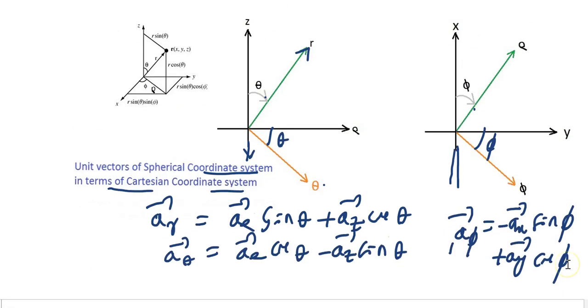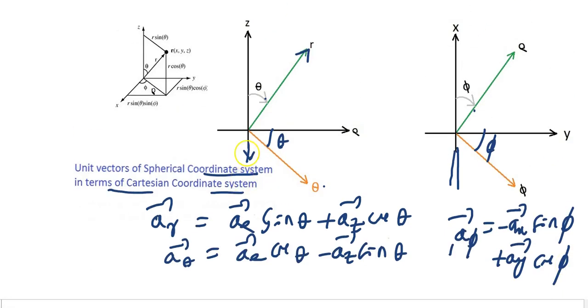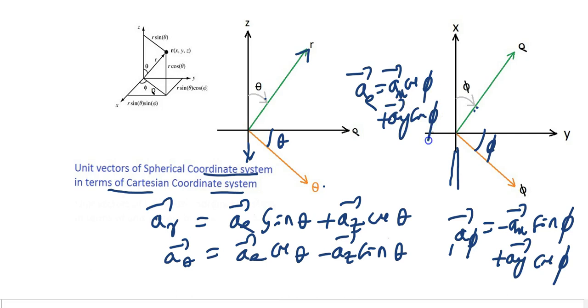But you know what is the A rho? From here A rho is your ax cos phi plus ay sin phi.